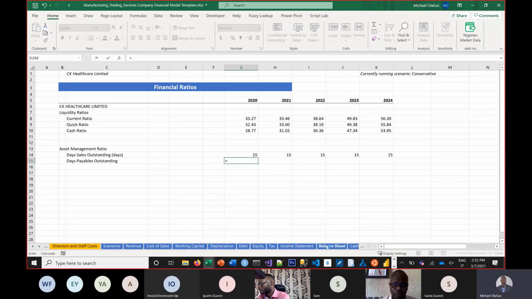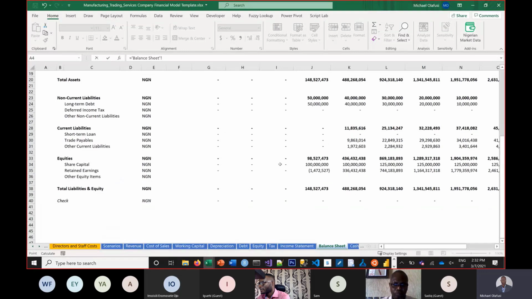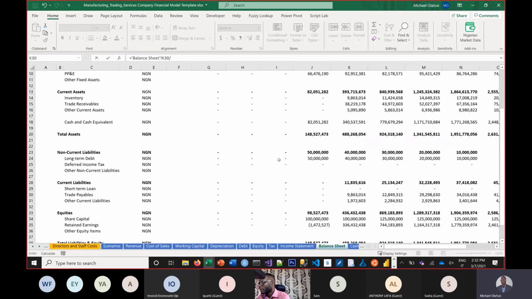So I'm going to go to the balance sheet, grab our payables under current liabilities. I'm trying to be a bit faster so that we can see the practical implication. When we are done, we can discuss practically how these are useful in management decision, in investment decision, in project analysis, and every other way that people use them.